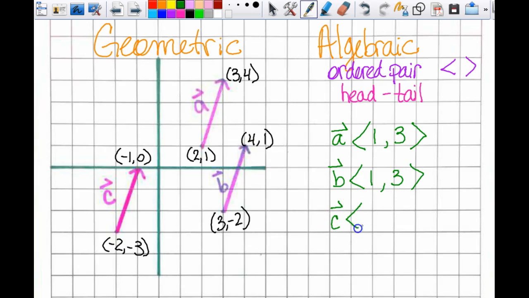C. That's going to give me -1 minus a -2, which is 1. And then 0 minus a -3, which is 3.